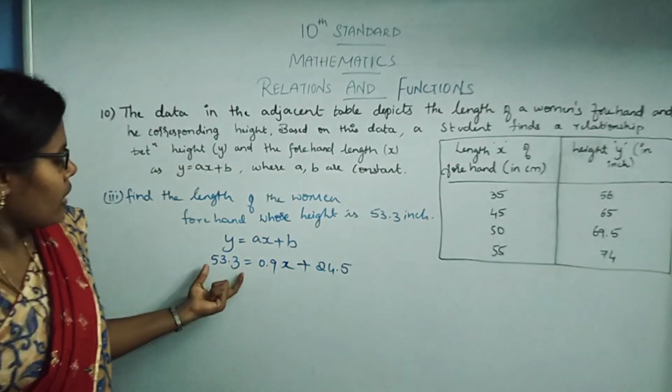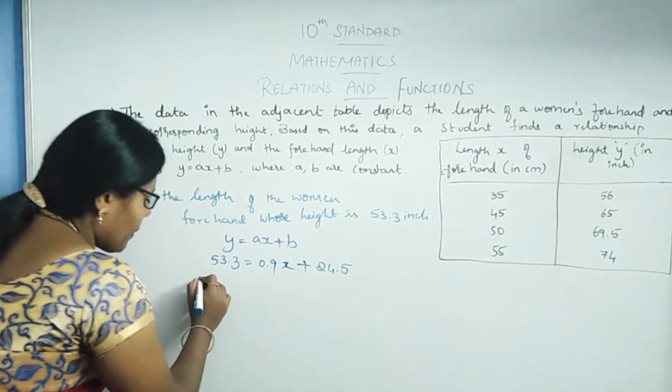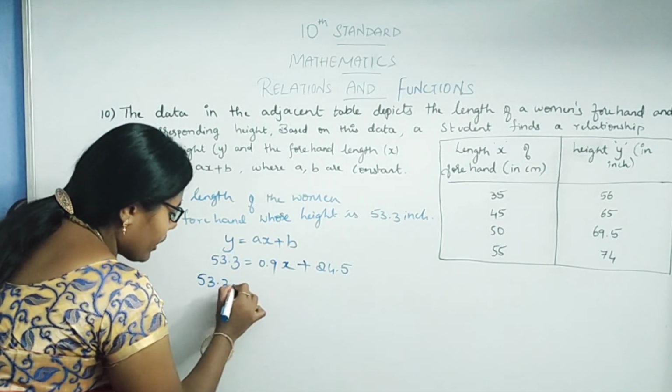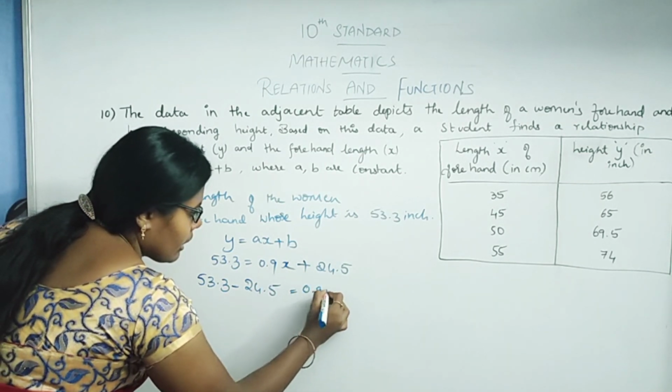So shift 24.5 to this side, which becomes minus 24.5. So 53.3 minus 24.5 is equal to 0.9x.